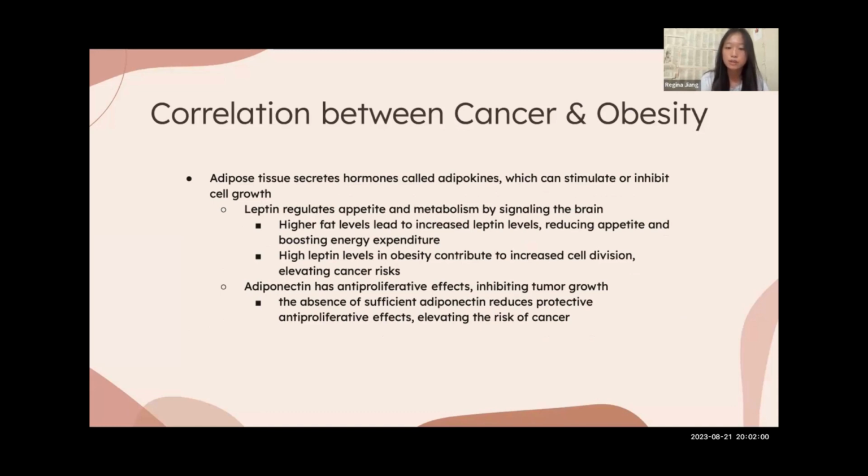This also has a positive correlation, meaning that with higher fat levels, there's also going to be higher leptin levels. This reduces appetite, and it also increases the amount of energy usage. With the higher leptin levels in obesity, it also contributes to increased cell division, similarly to insulin. So this also elevates cancer risk.